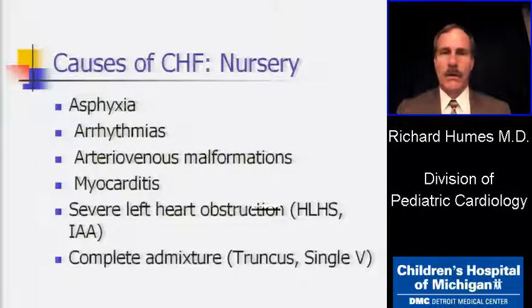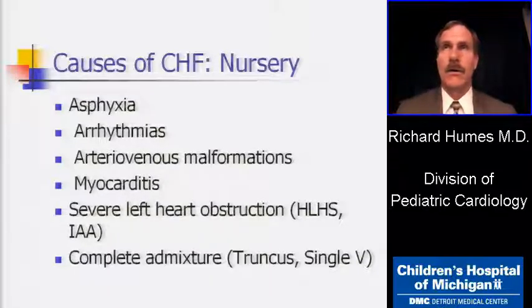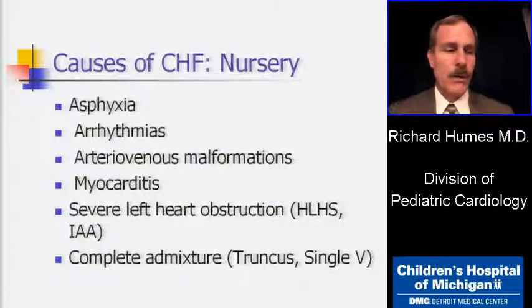So if you look at again causes of congestive heart failure now in the nursery age group, asphyxia has to be fairly severe asphyxia, and now you have pump failure. Arrhythmias, certainly a possibility, more likely the tachyarrhythmias. Again, as I mentioned, arteriovenous malformations.